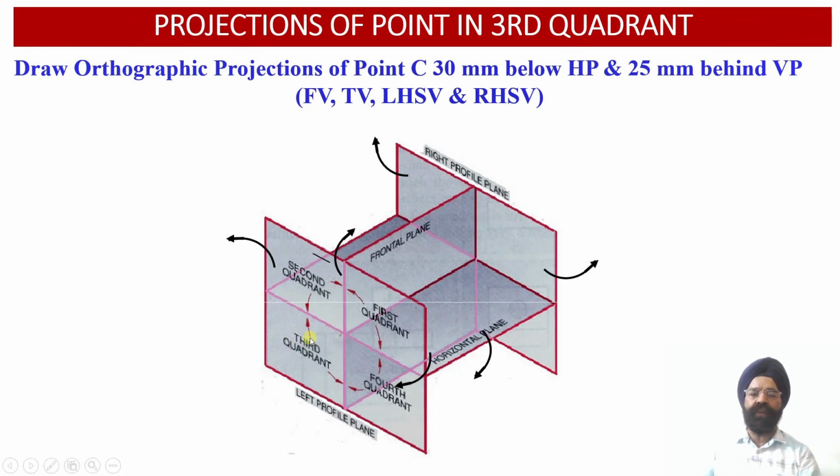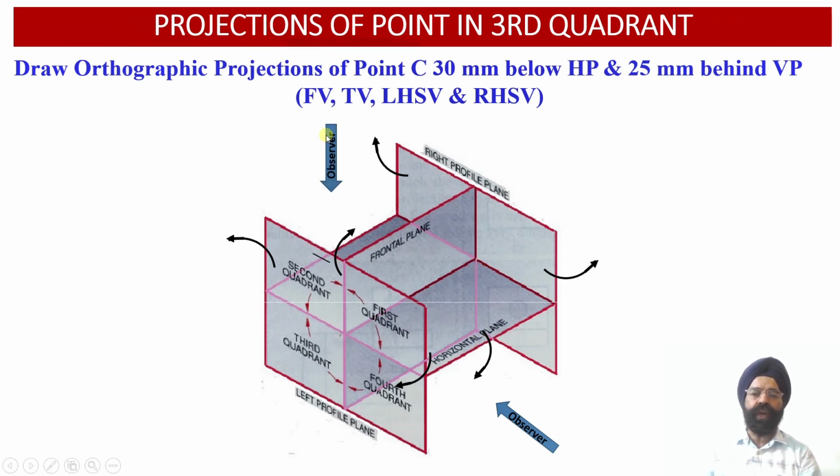So let us observe, if a point is located into quadrant number 3, where do we obtain different orthographic projections corresponding to this point? Now when we look at this object from the front view orientation, we observe that the front view projection of this point will be available onto the vertical plane below the XY reference line.